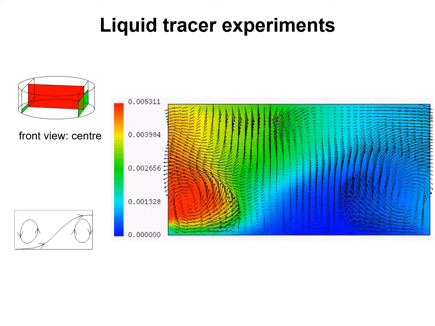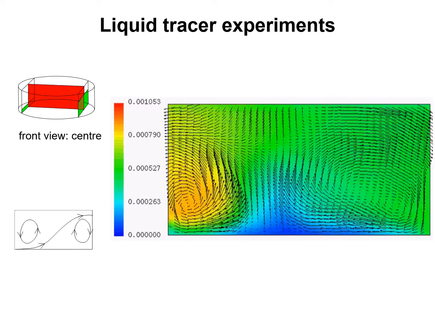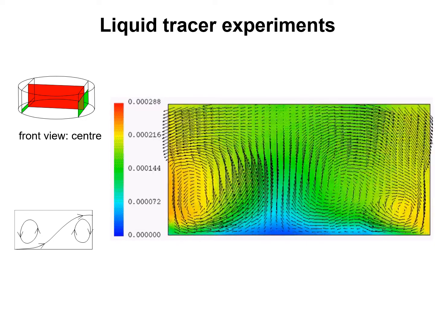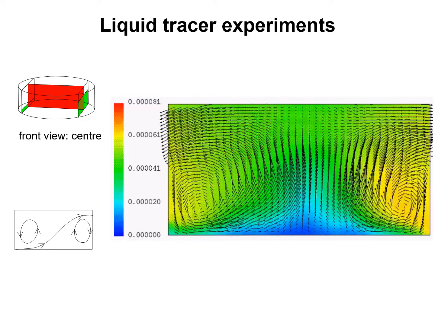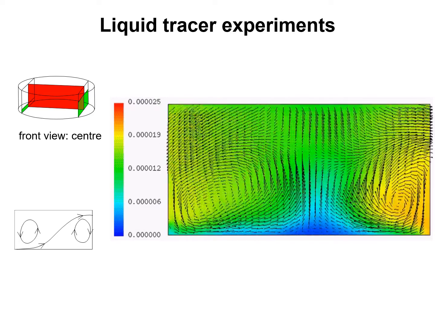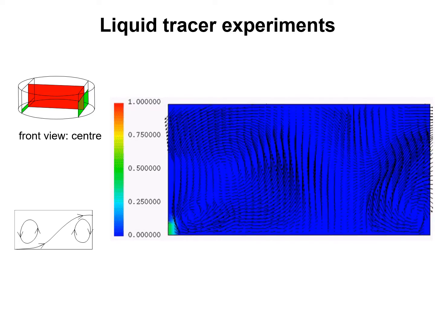The red tracer has disappeared already, and there's no tracer left in the column. There are no stagnant regions because there is no red tracer in the liquid. Again, the velocity vectors indicate the two well-mixed pools concept we had already established.